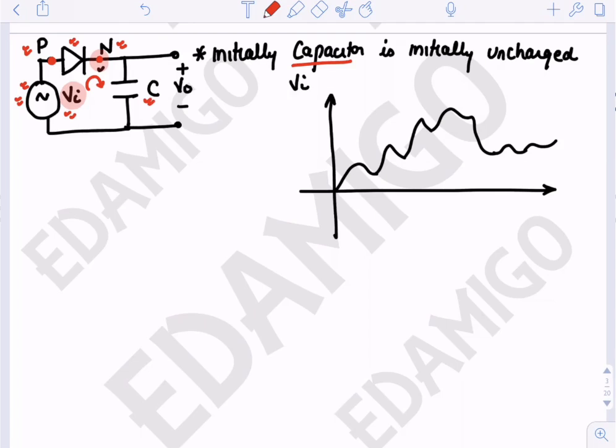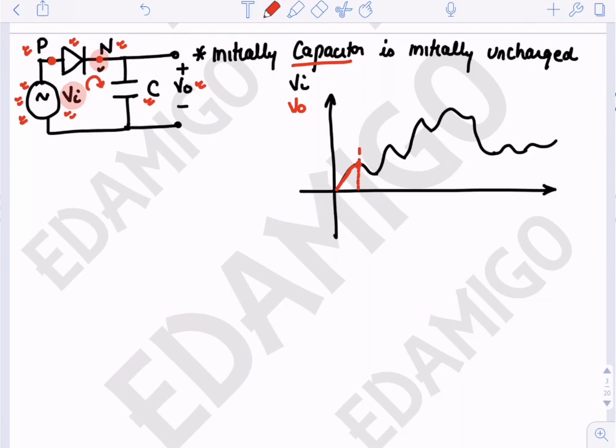Since there is no resistance in the path, the RC time constant will be 0, and the output voltage will start following the input voltage, and the capacitor will start getting charged with input voltage Vi. If I draw the output Vo, it will start following the input till here.